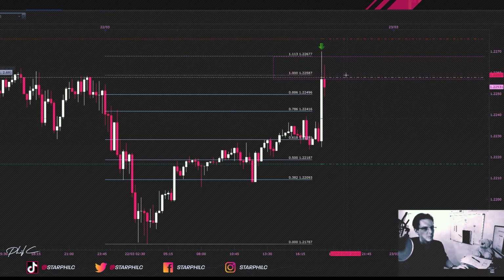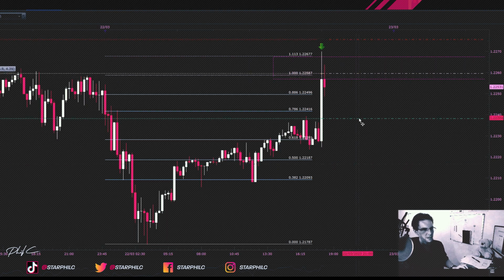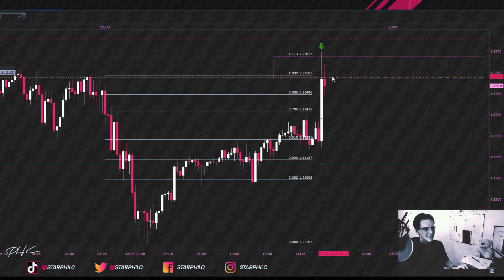I'm looking for a reversal in price action and I only want a little bit of a move. If I can get an 886 completion right here, then I can look for a reversal into the 382 and the 618.